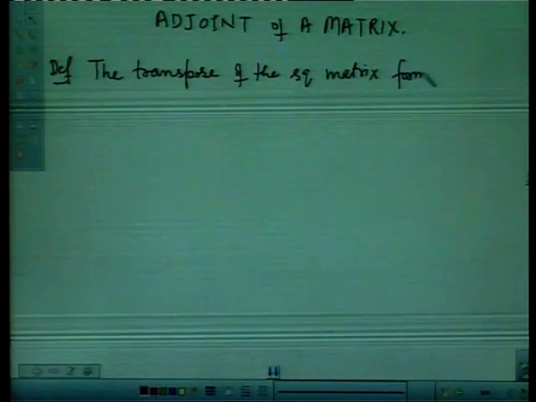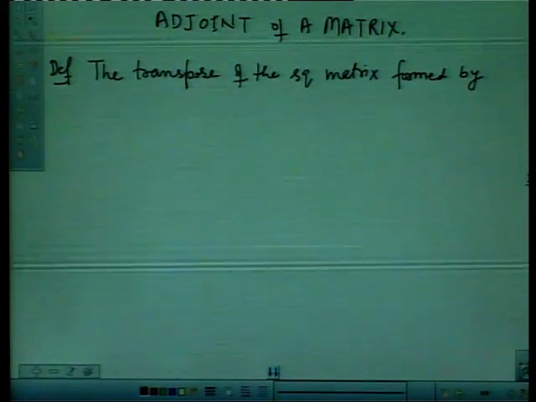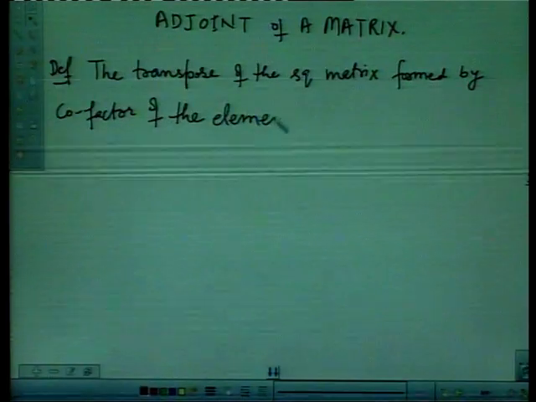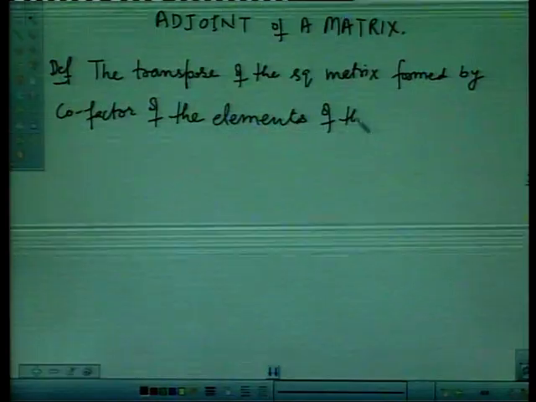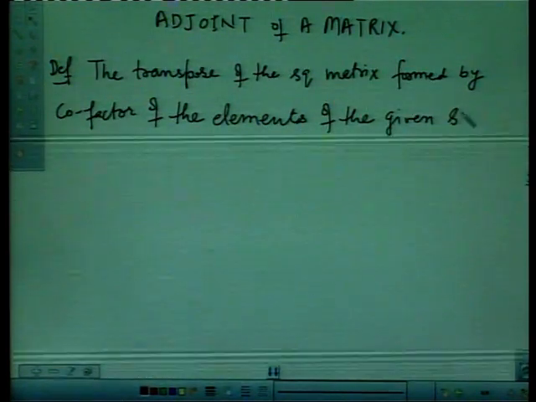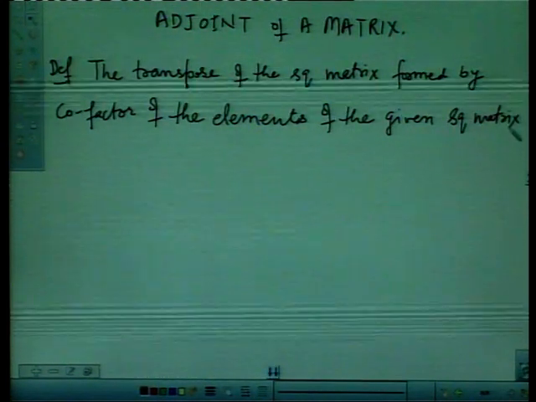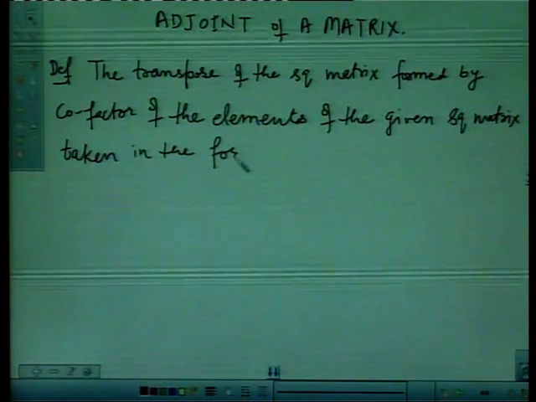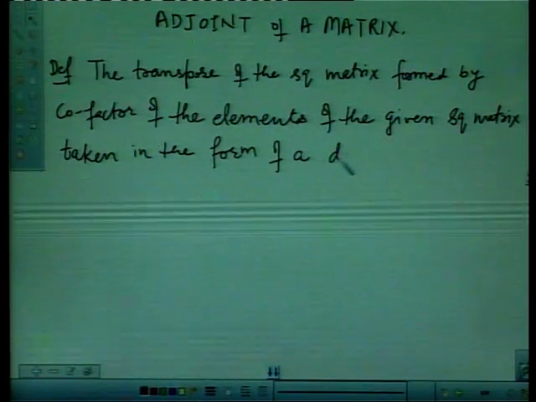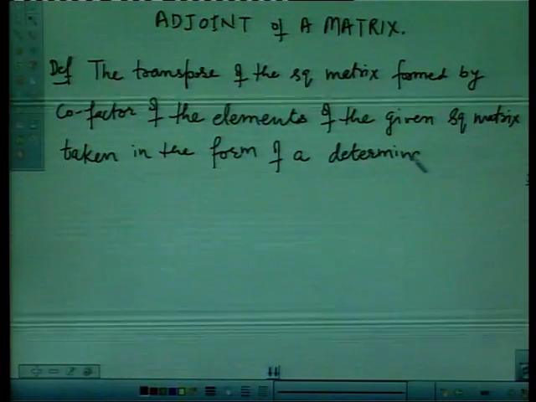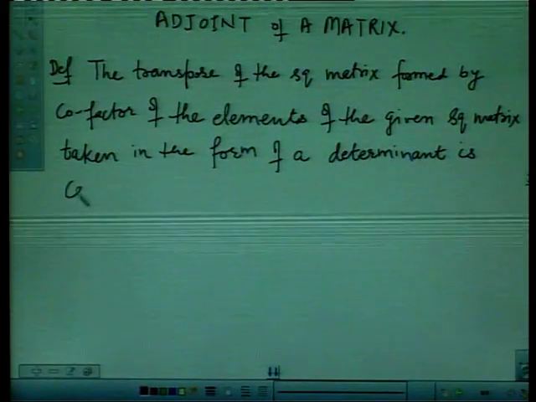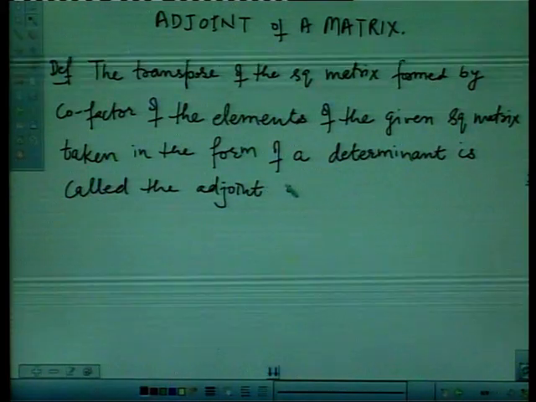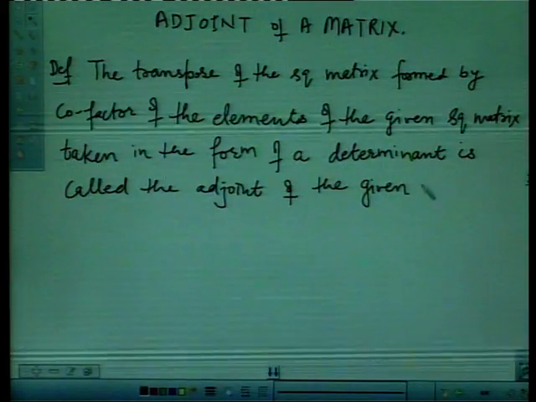The transpose of the square matrix formed by the cofactors of the elements of the given square matrix, taken in the form of a determinant, is called the adjoint of the given matrix.